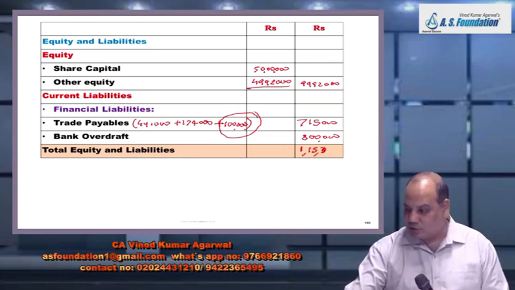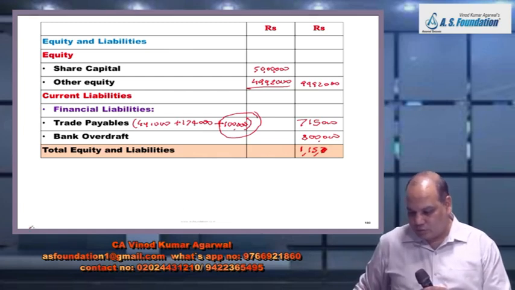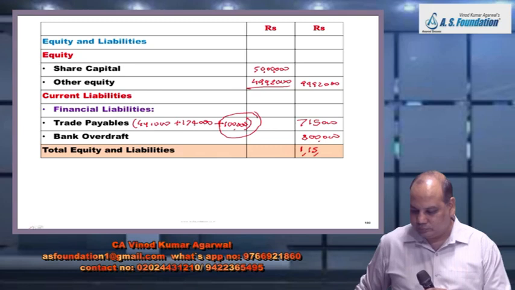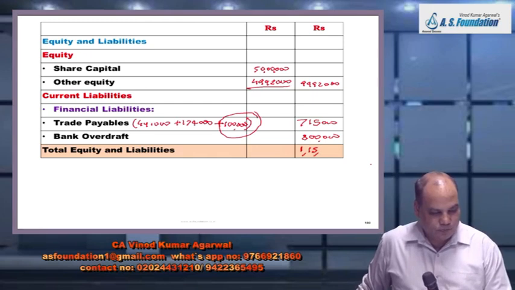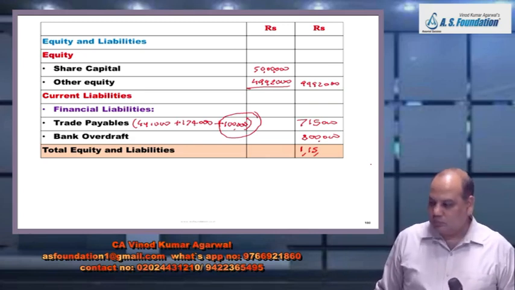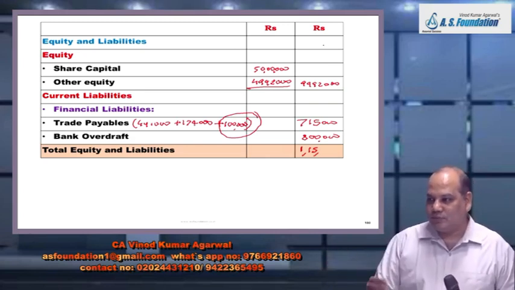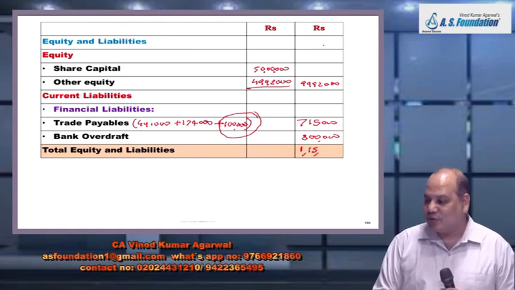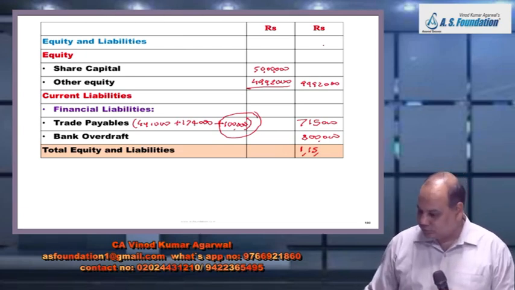Is it 1 crore 15 lakh 7,000? What is the total? Yes, first bench. 1 crore 15 lakh 7,000. Asset side.